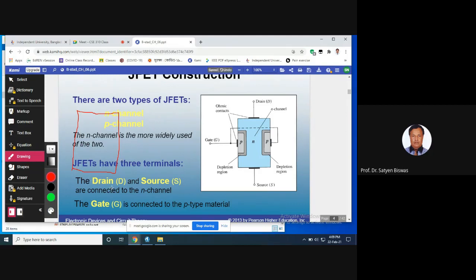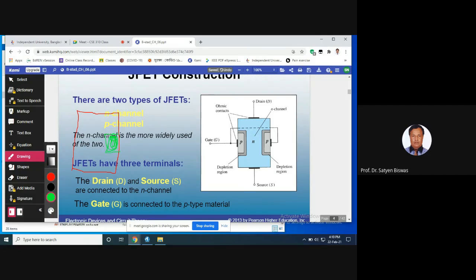This is a rectangular piece of N-type silicon. After that, on the right side, we added some P-type area. In this area we added P-type material.